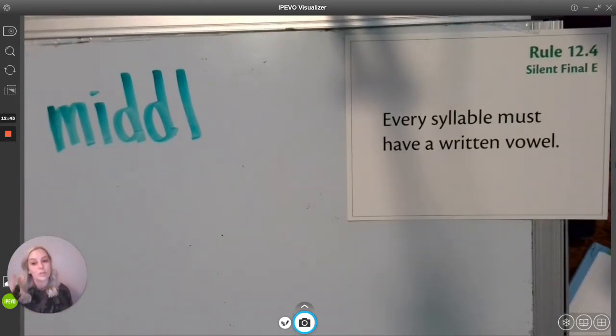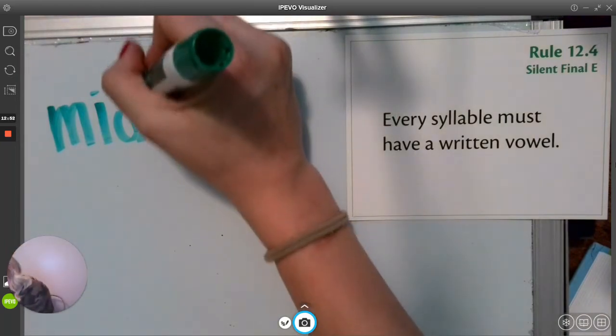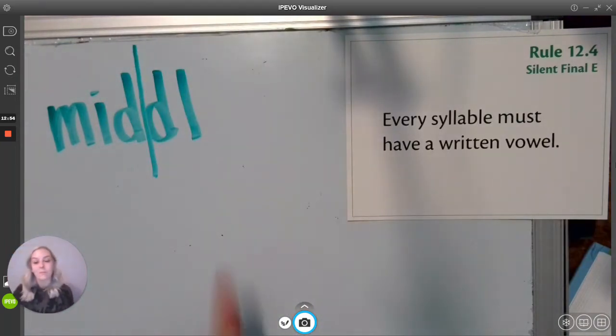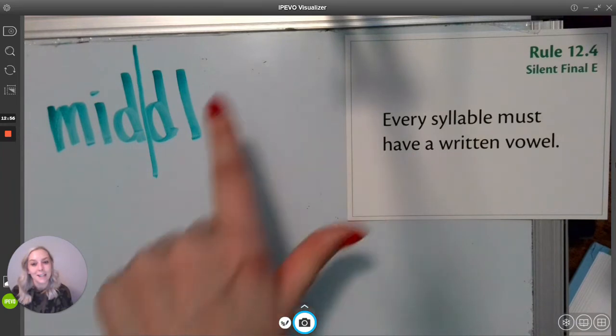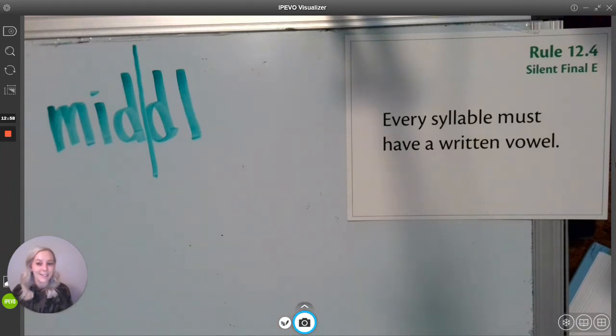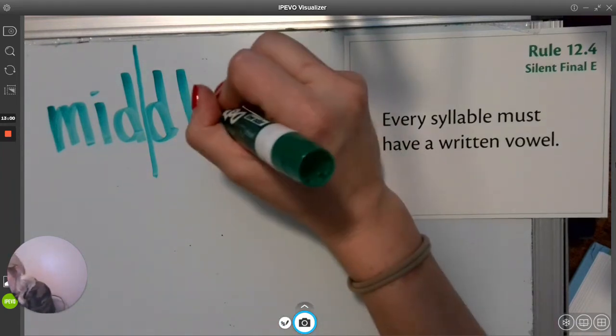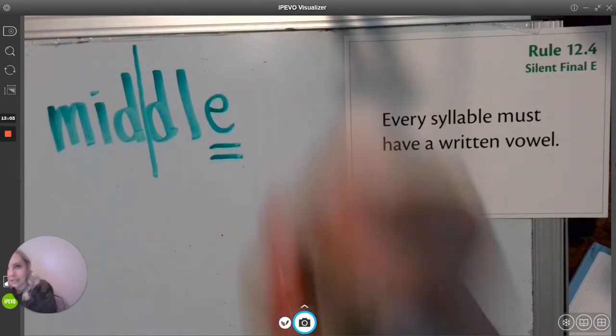If we were to divide the syllables, where would we divide? Mid-dole. In the middle of the D's. Very good. Okay, so we obviously need to add something at the end of this word. What is it? Silent final E. Very good.